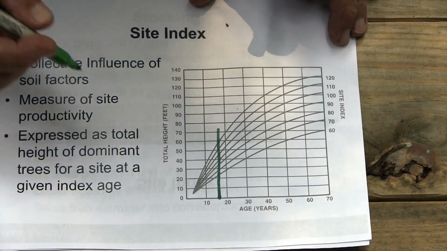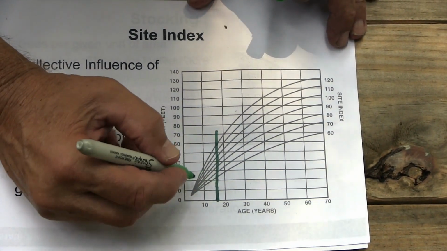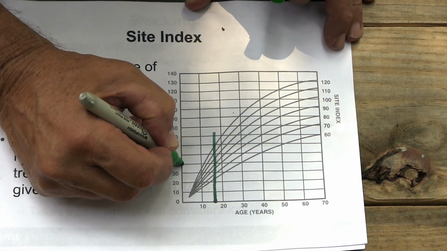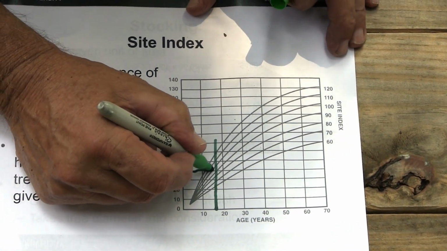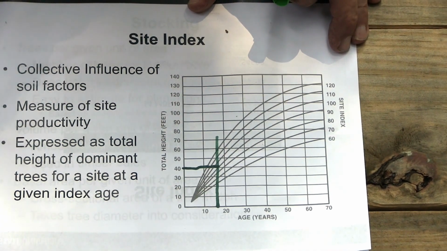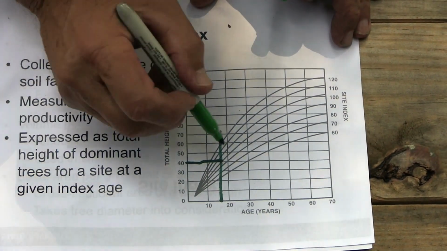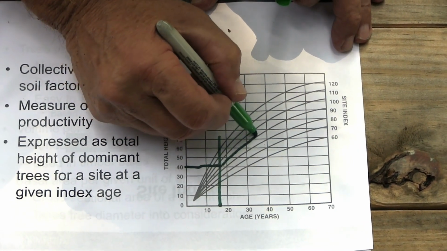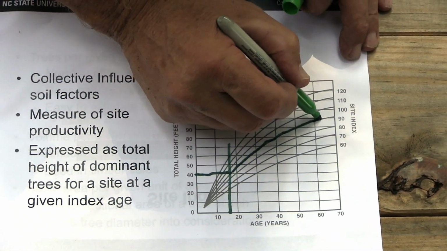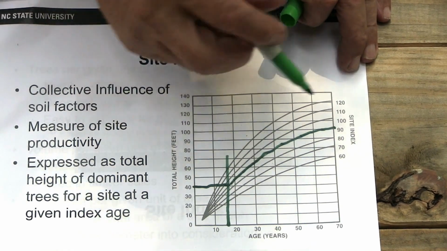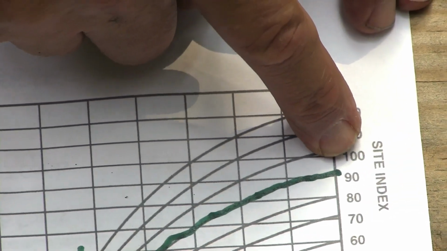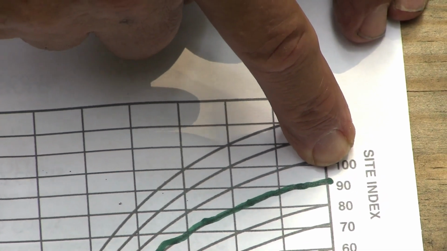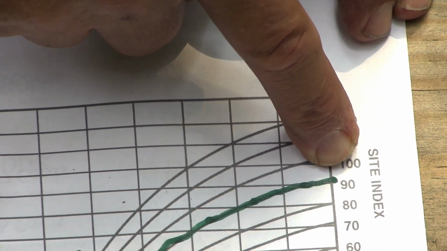And the height of the tree was 40 feet. So you didn't see us measure that, but we did, and so we come across 40 to see which of these lines it intersects. So it intersects this line here, so we follow this out to the axis, and it turns out that land represented by that tree at that age is site index 90 land.